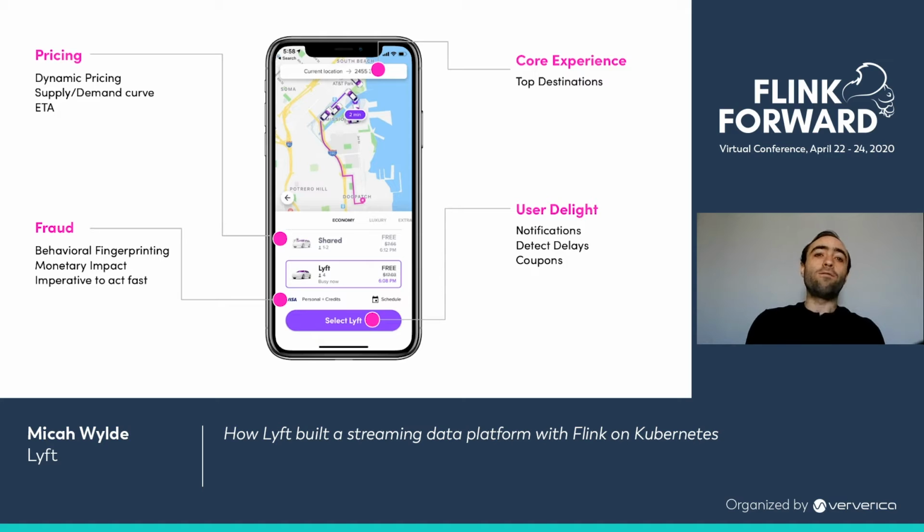For fraud, people are constantly trying to take advantage of us and steal money from us. We have to be able to detect that in real time. And then for various other product enhancements, like our top destinations feature, which predicts where we think you might want to go, or for other user delight, giving people coupons, detecting that you've met some promotional criteria.